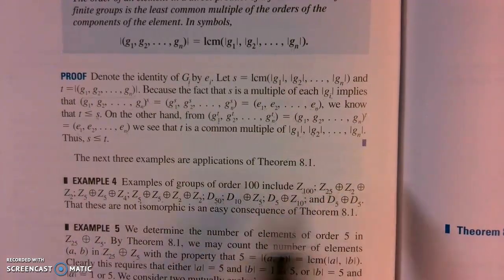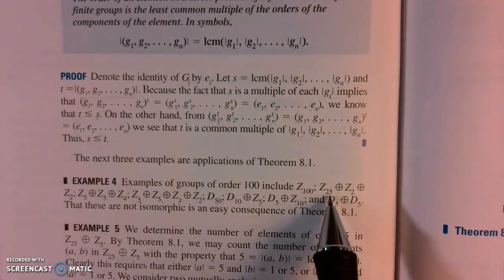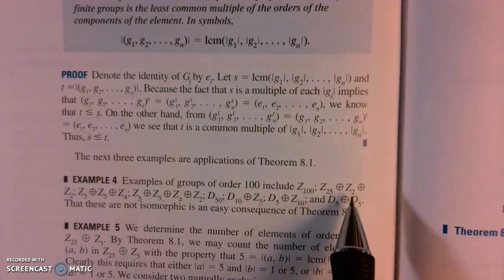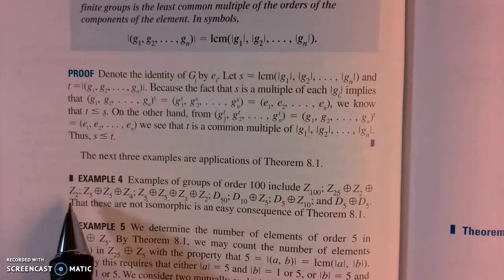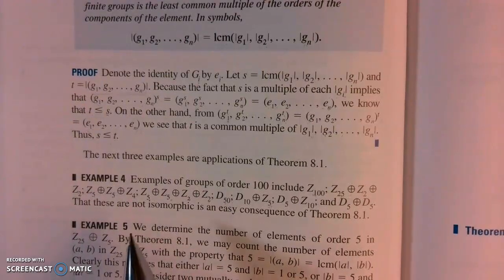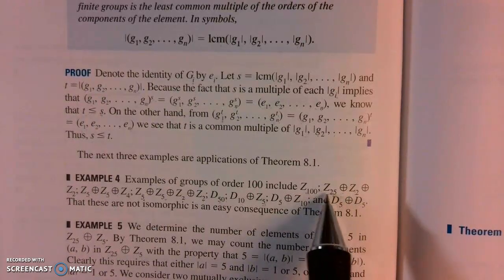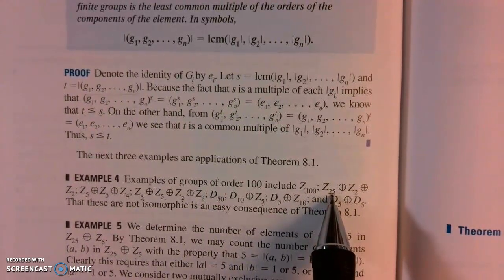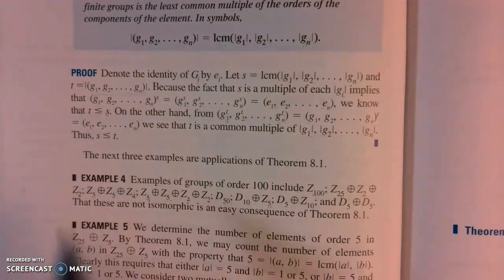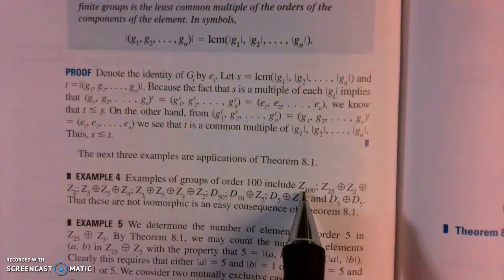The order of 1, 1, 1 is the LCM of 25, 2, and 2, and the LCM of 25, 2, 2 is 50. So this is the largest possible order in this group, Z25 plus Z2 plus Z2. So it is not isomorphic to Z100.